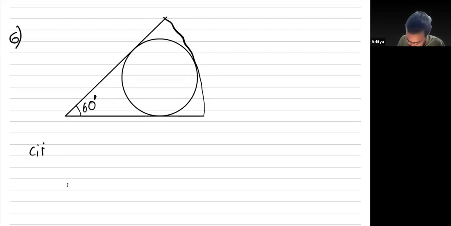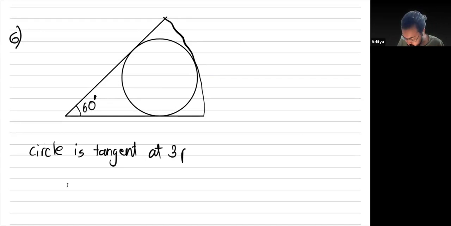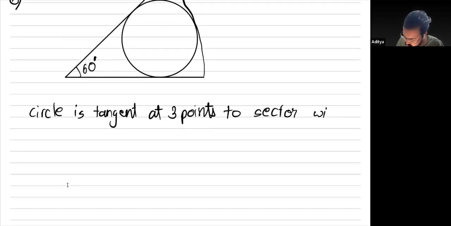A circle is tangent at 3 points to a sector with interior angle 60 degrees.